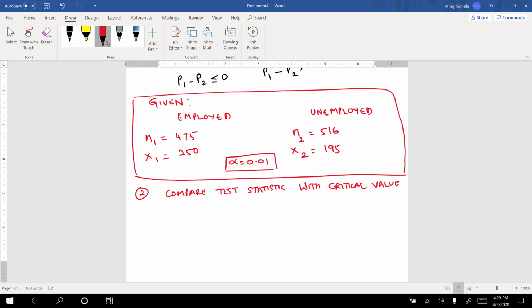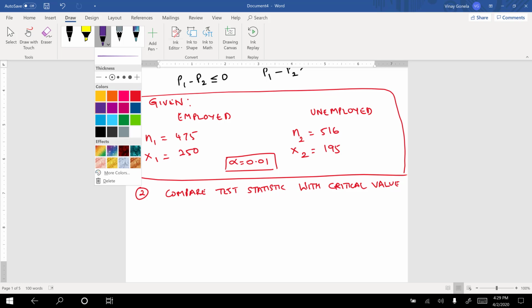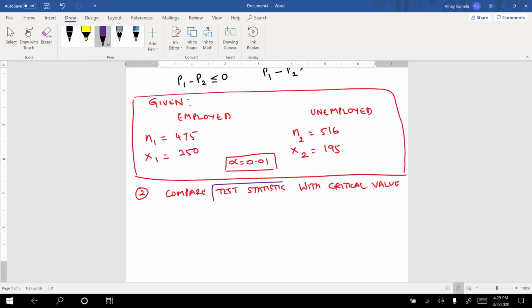Our test statistic, because it's a proportion problem and the sample size is high enough, like 475 and 516, will be a z-test.